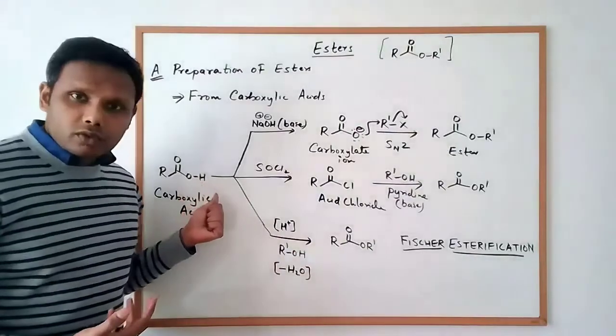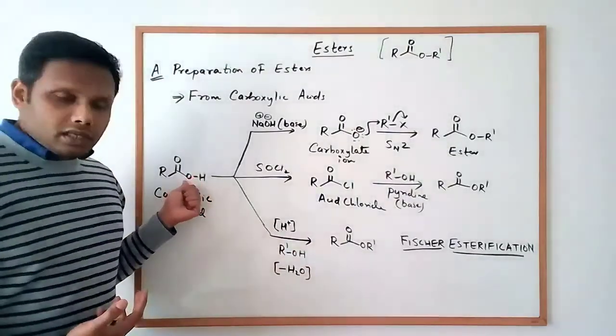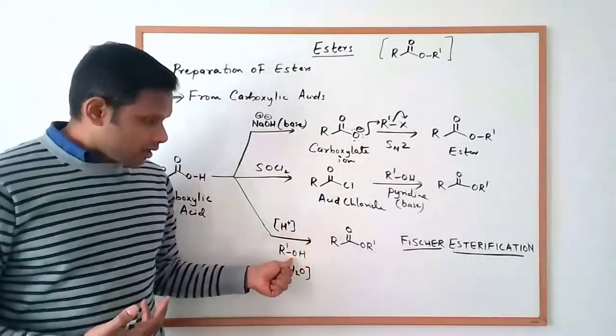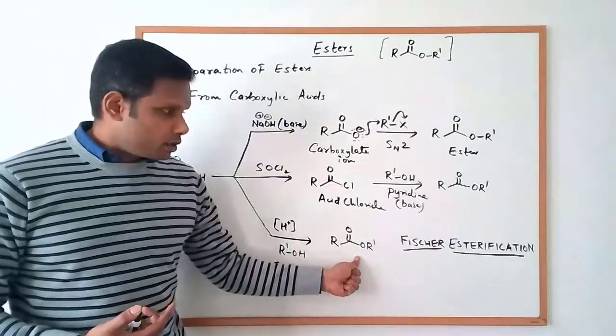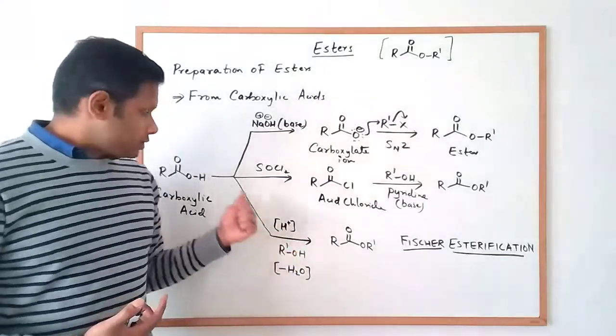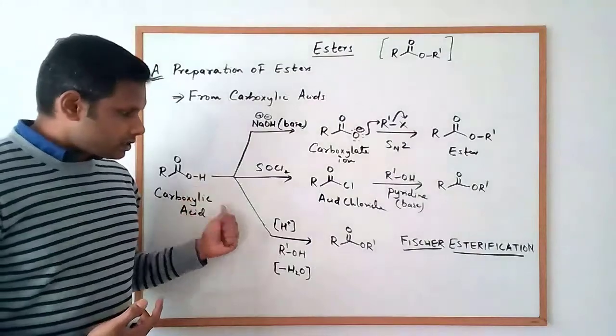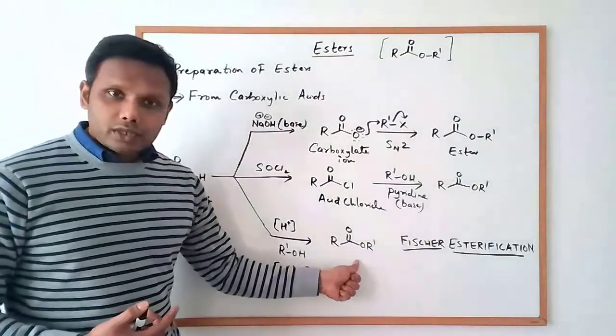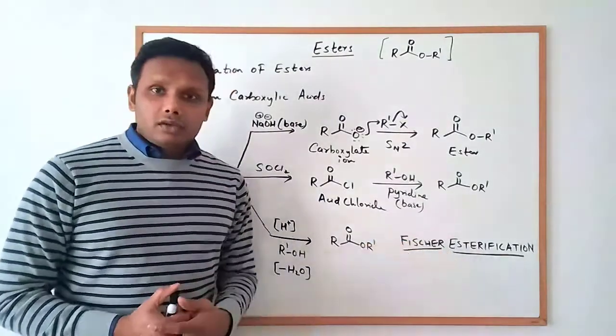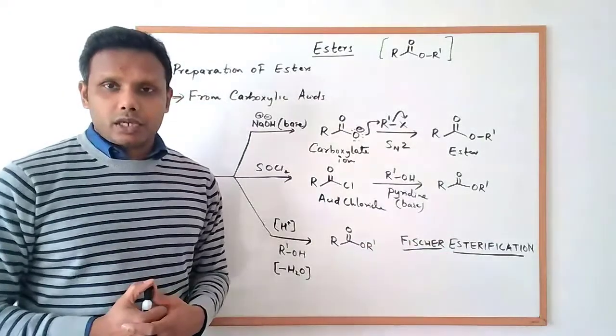You're losing a molecule of water between the carboxylic acid and the alcohol to get the ester molecule. This reaction, which directly converts the carboxylic acid and the alcohol into an ester, is called the Fischer esterification reaction.